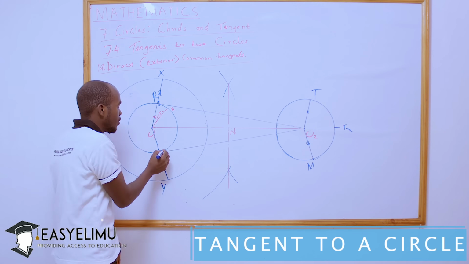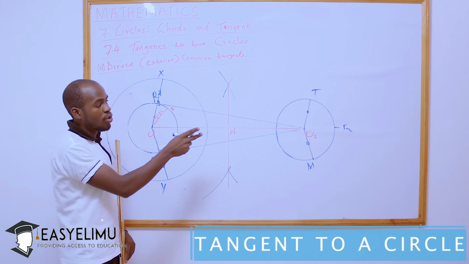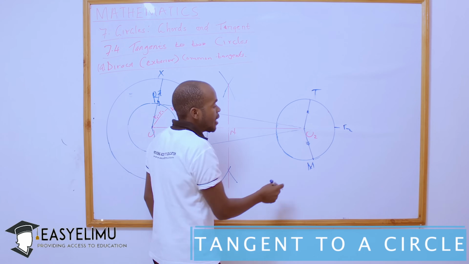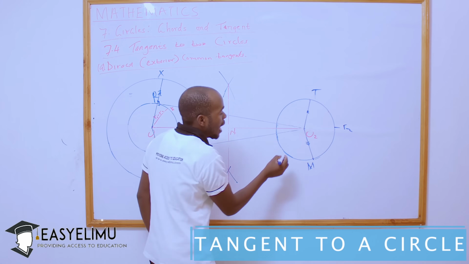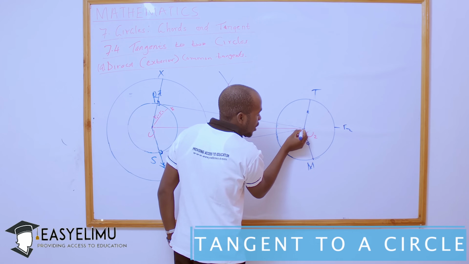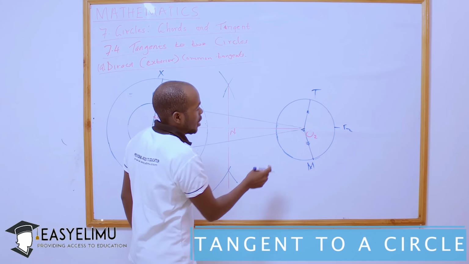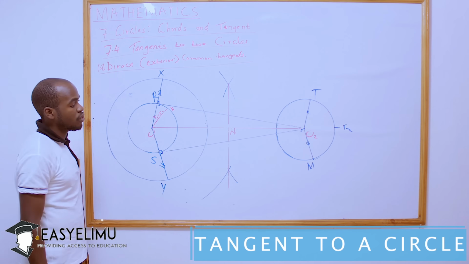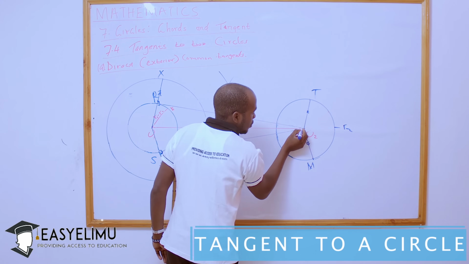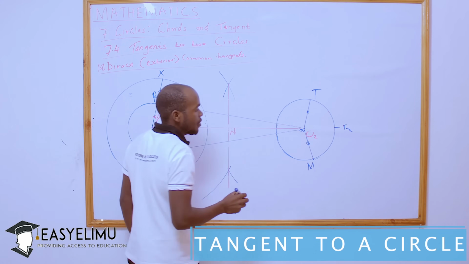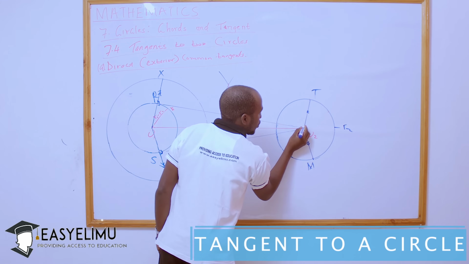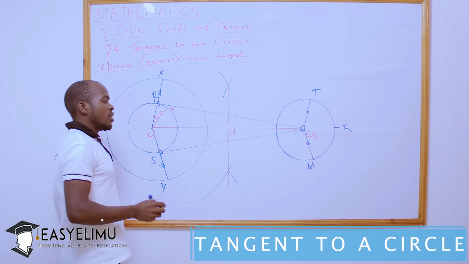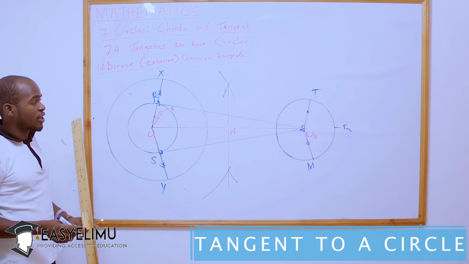The same applies to this side here, and it will also help you to find that side there. So at this point, actually it's not that way, but it will be greater than that. It's still 90, because we are using a set square, it will give us 90. This one is also 90 degrees. So we are going to have it in that section.